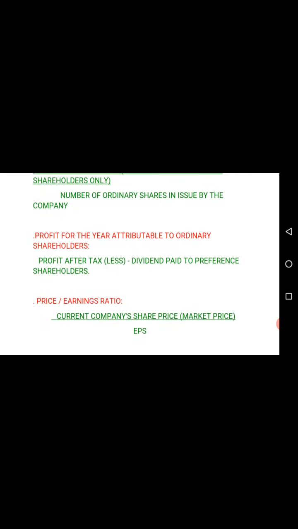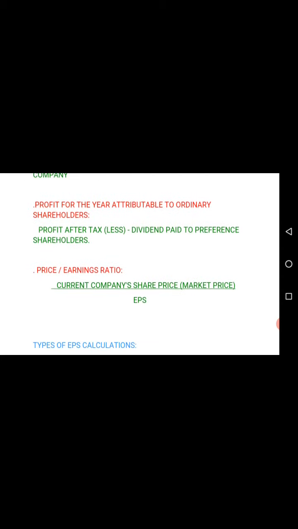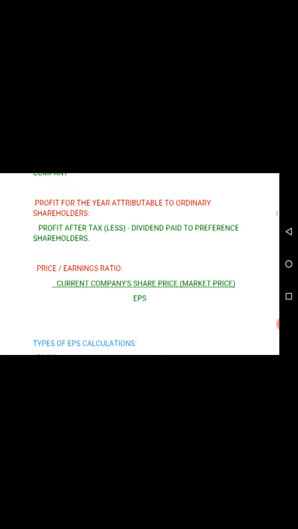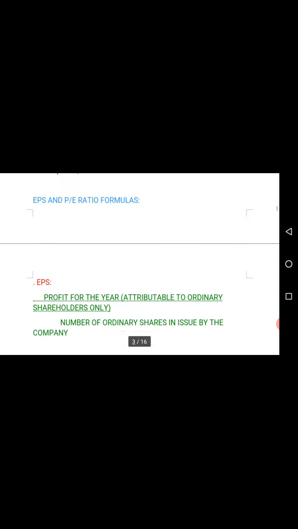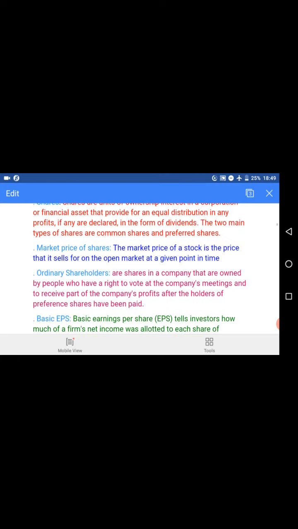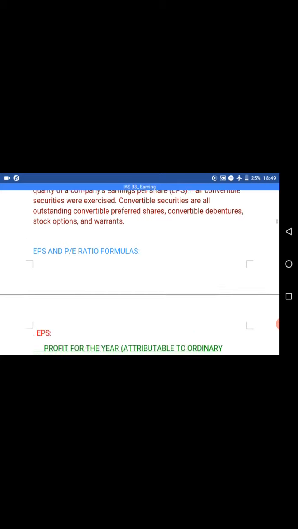We'll go over to the price earning ratio formula. The price earning ratio formula is the current company share price, that is the market price. We gave the definition above. Yes, the market price of a stock is the price that it sells for on the open market, on the stock exchange market at any given point in time.